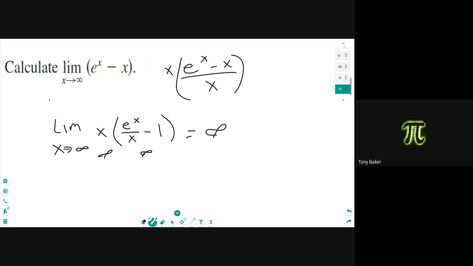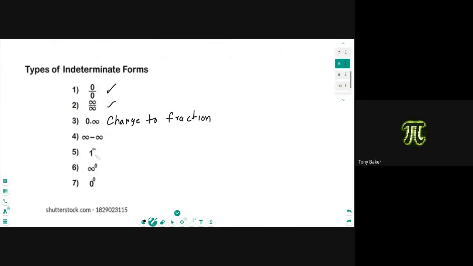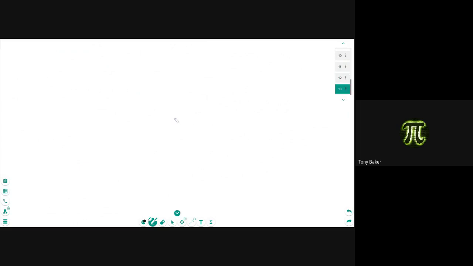All right, so let's see. We've done the first 4. We now have these 1 to infinity, infinity to 0, and 0 to the 0. You might think 0 to 0 is 1. It's not. It's undefined or indeterminate. So let's look at a problem like this.